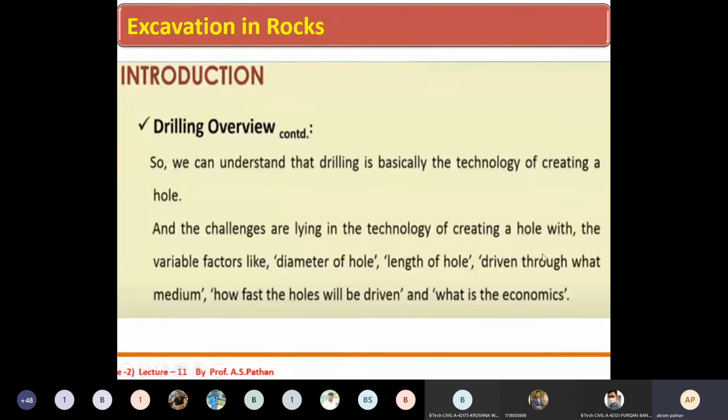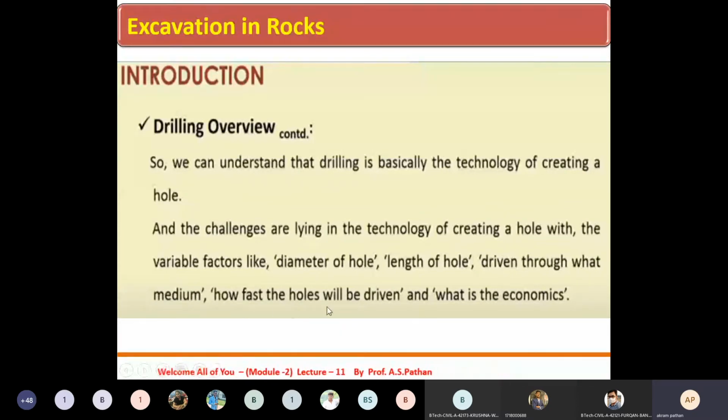While creating the hole inside the rock, we require these variable factors. The diameter of the hole: what should be the diameter of that particular hole? Then the length of the hole: we should know the diameter of the hole we are going to excavate, and what should be its length. Then, driven through what medium; this knowledge is also required, that is, which type of rock will be there.